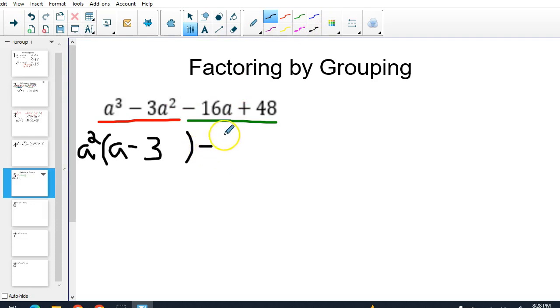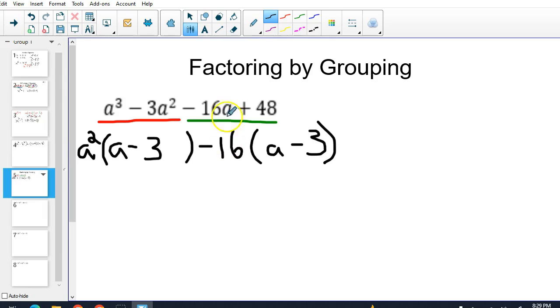So if I factor out our negative 16, negative 16a divided by negative 16 will give us a. 48 divided by negative 16 is equal to negative 3. We're just taking it out. It's the opposite of the distributive property.